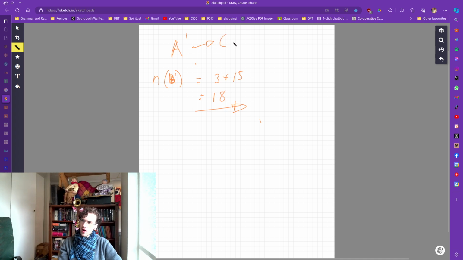Now, if you do art, you would know that there are complementary colors, right? Complementary colors are like the opposite colors.